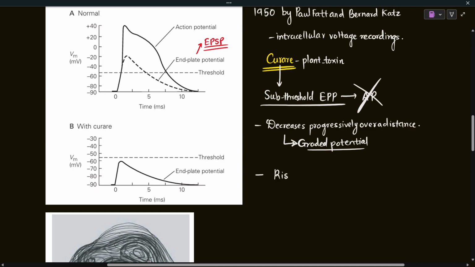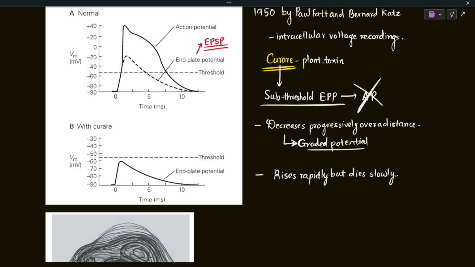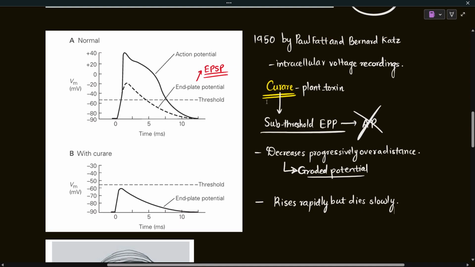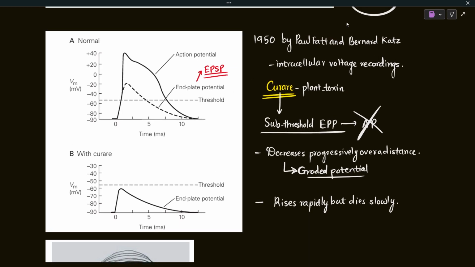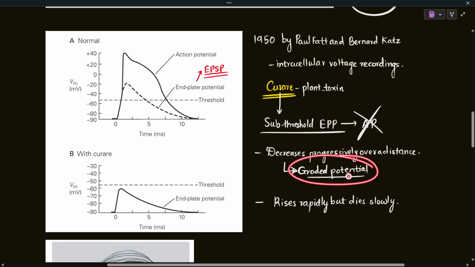They also found out that this current rises rapidly but dies slowly. This was also a significant observation made by them. This made them conclude that the end plate potential is the graded potential, and it travels passively, because only the graded potential has the property to die out over distances.